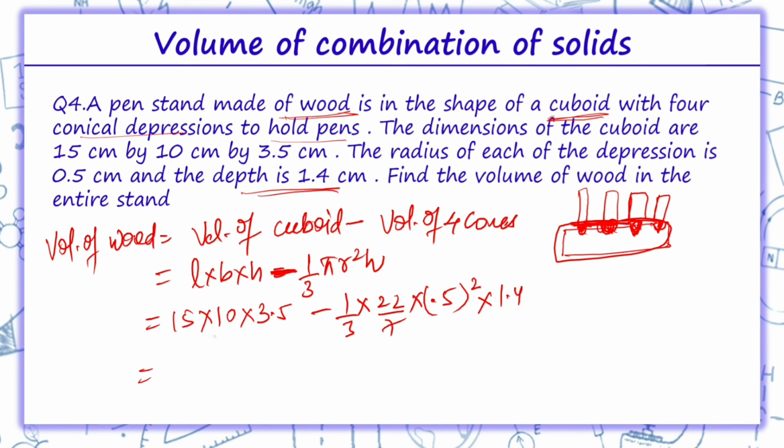So 15 into 10 into 3.5 will come out to be 525 minus 1 by 3 into 22 by 7 into 0.5 into 0.5 into 1.5, which will come out to be 0.366 centimeter cube. We'll subtract it, we'll get 523.5 centimeter cube.